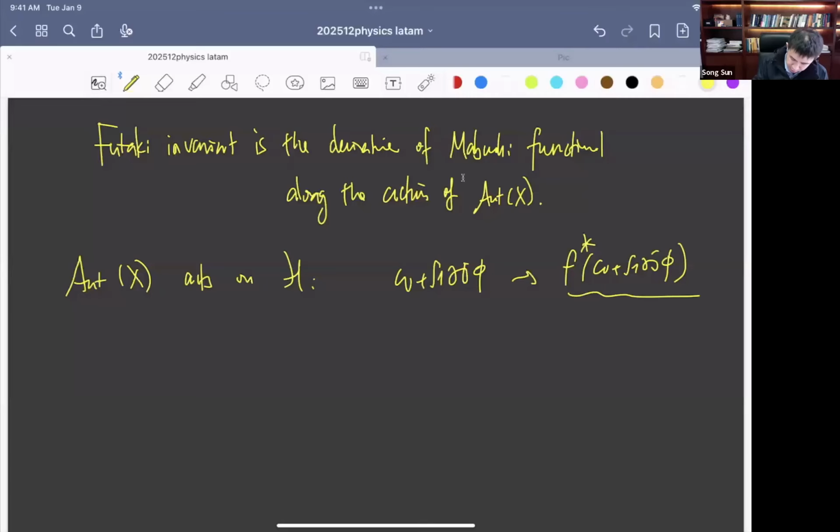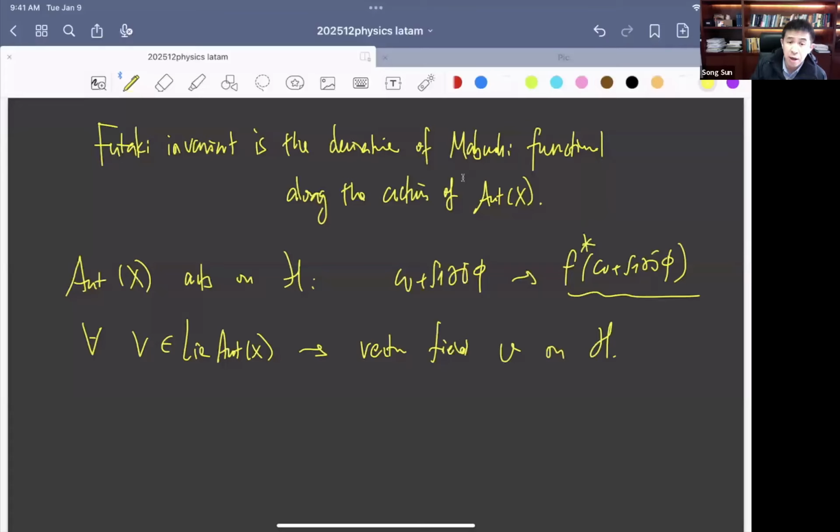And then the point is that you have an infinite dimensional space, you have this group acting on H, and this action generates, for any V in the Lie algebra of automorphisms of X, a vector field. Let's call it little v on H.